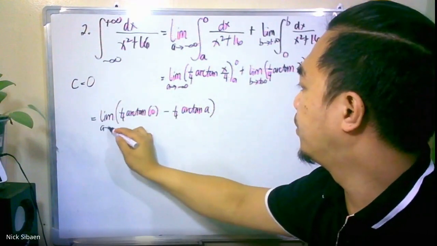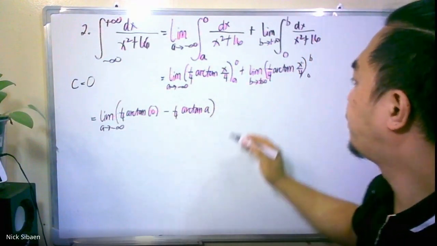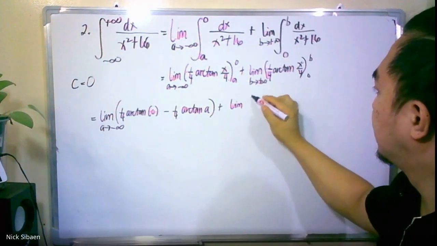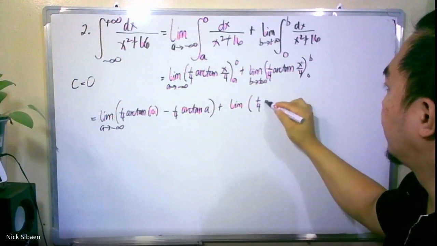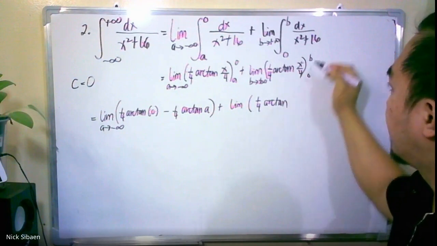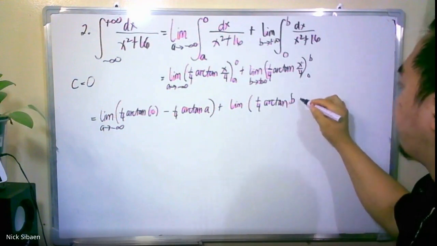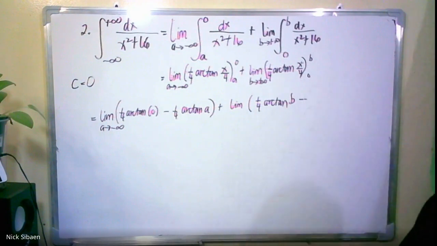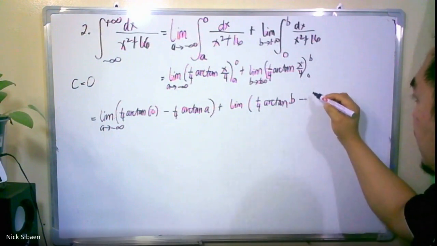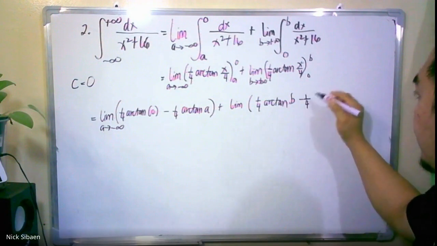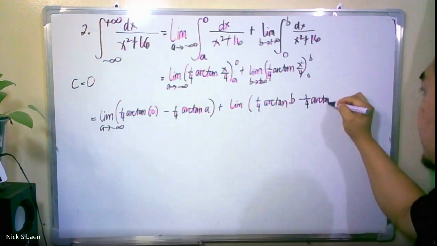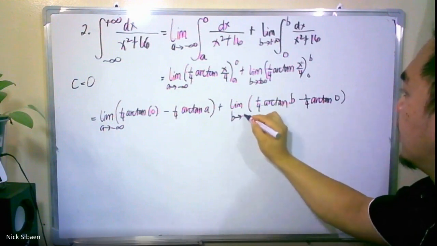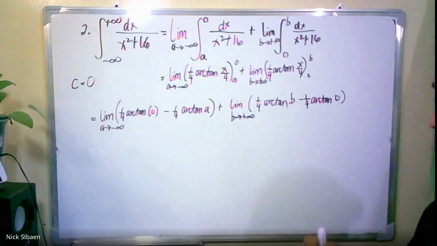As a approaches negative infinity. Plus, ganun din, 1/4 arctan, so start with the upper limit, b, minus 1/4 arctan 0 as b approaches positive infinity.